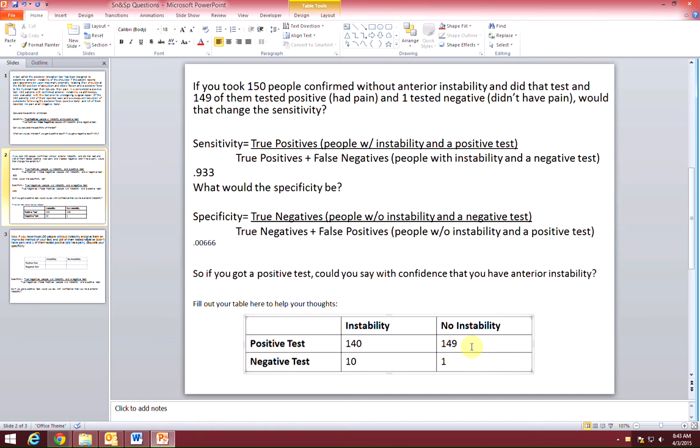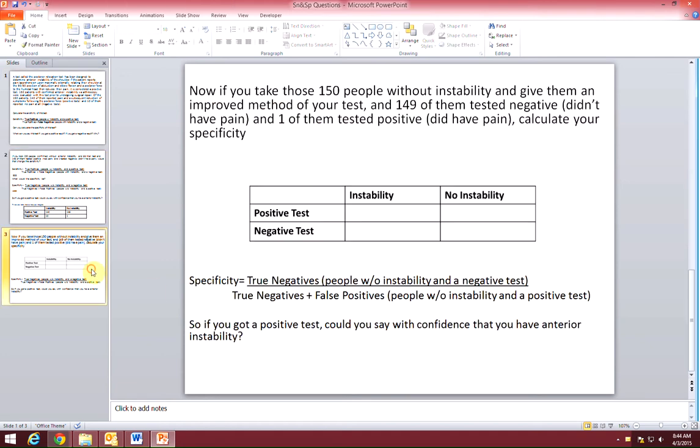And again, that's why you can't say, just because your test is highly sensitive, if you get a positive test, you do have the pathology. You can only say, if a test is very sensitive, that if you get a negative result, then you do not have the pathology.